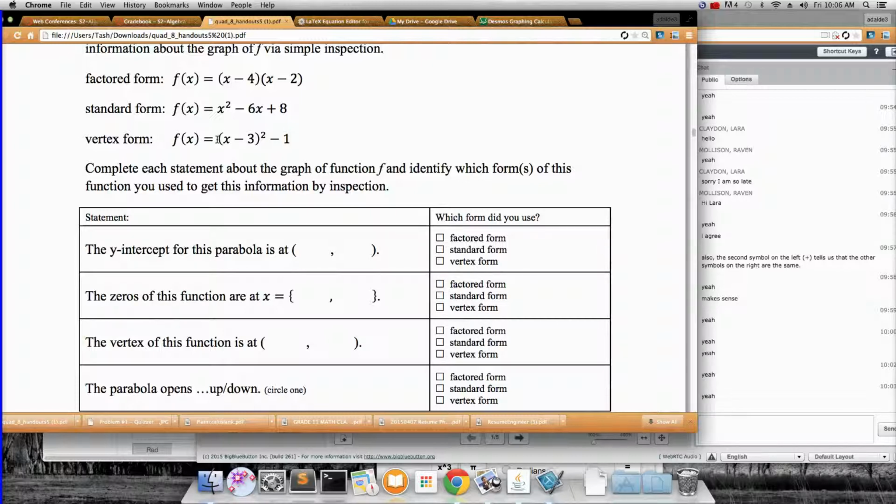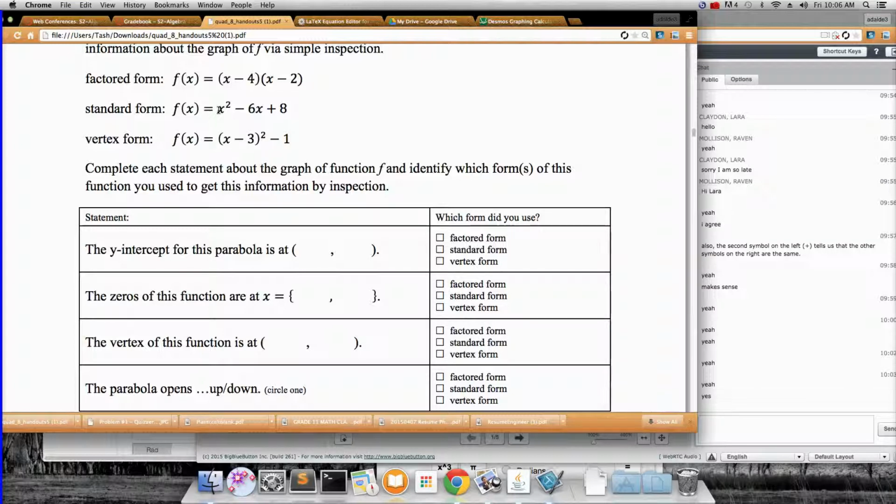We cool? But the a term exists right here as well, and then the a term would have been over here, and that would have done the same thing to all of them. So really, if you're asking which form you want to look at to know whether a parabola opens up or down, circle only one of them, I'd probably check the vertex form, but factored form and standard form, there would be a number out here, and that would still tell me whether it opens up or down. That's the number that vertically stretches or compresses these things.